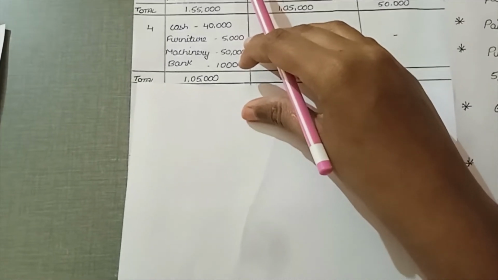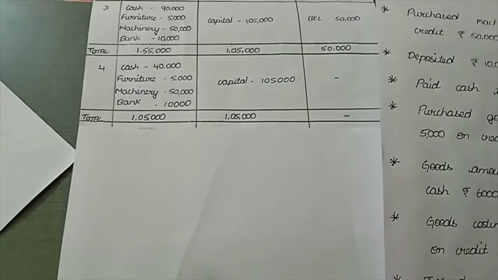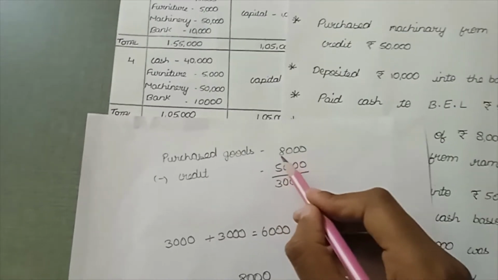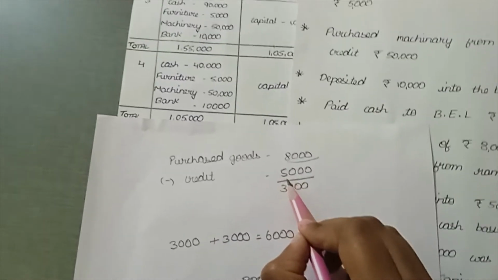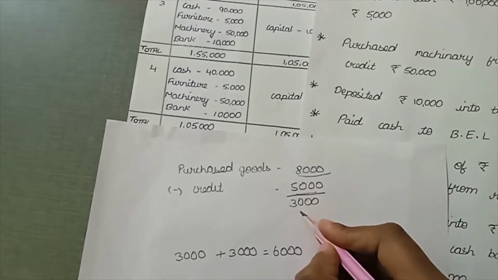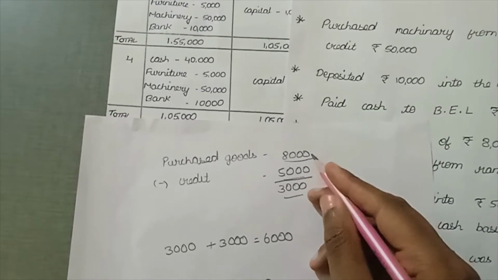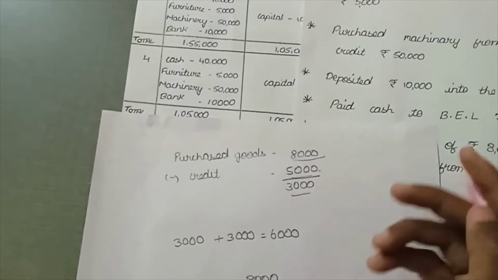We are going to pay some amount. We have purchased 8,000 rupees of goods, and we have paid only 3,000 rupees, not the full amount. We still have to pay 5,000 rupees.